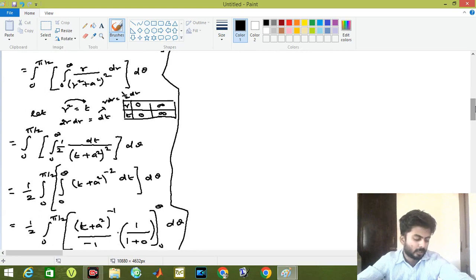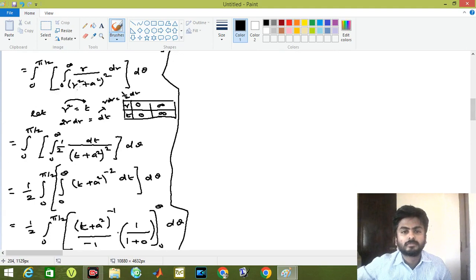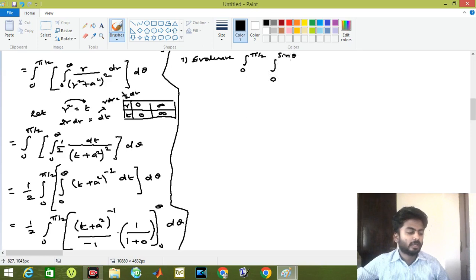So take down the problem. The problem is to evaluate the integral from 0 to pi by 2, integral from 0 to sin theta, of r dr d theta.